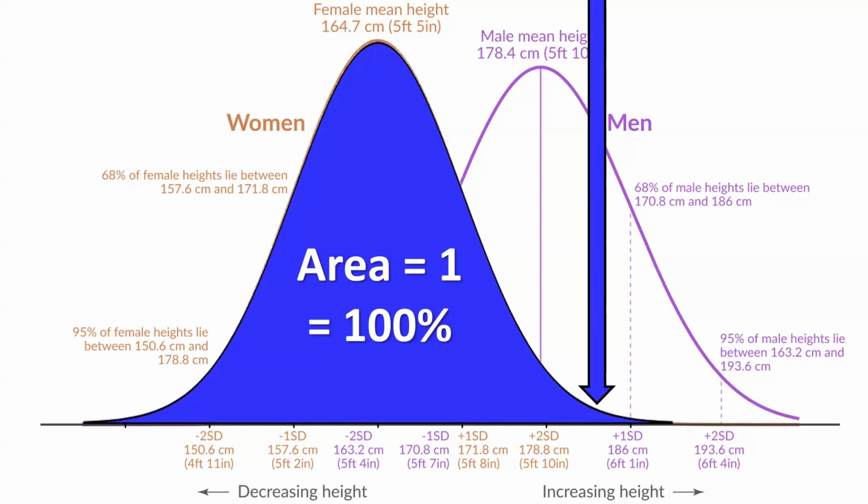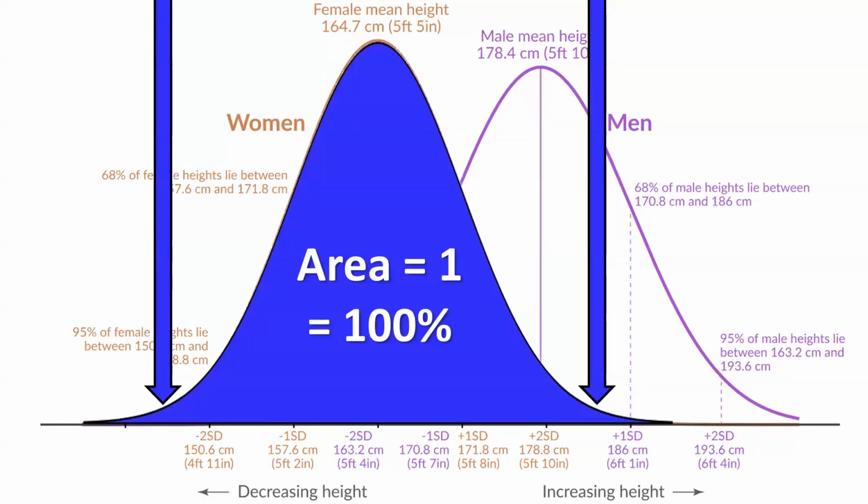So for example, women with a height of approximately 6 feet are a rarity in our world. So not a lot of females walking around that are 6 foot tall or higher. And then on the other end, women who are shorter than 4'9" approximately are also very rare. So once again, you can see that the normal distribution represents the idea that very extreme values are rare in our society and our world in terms of heights.